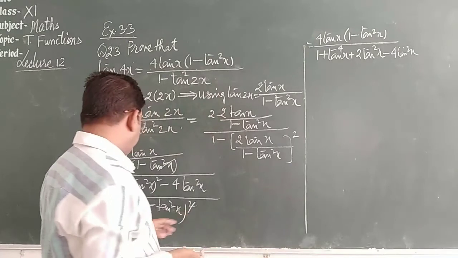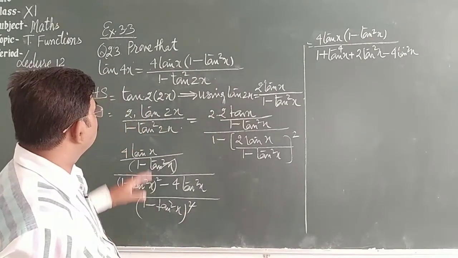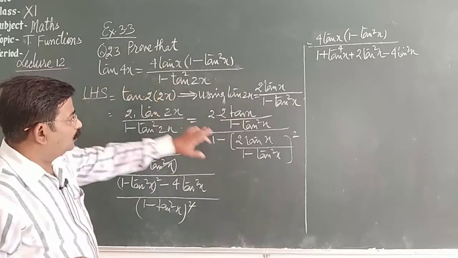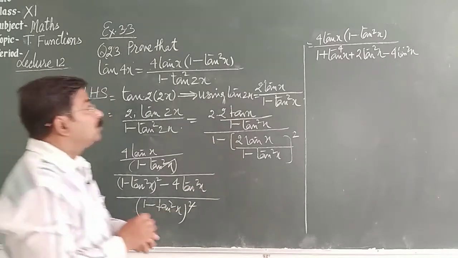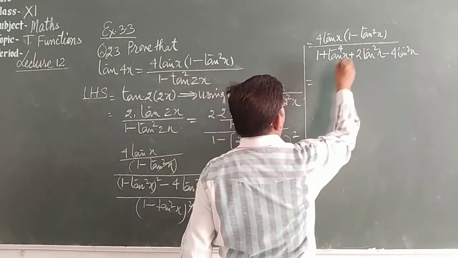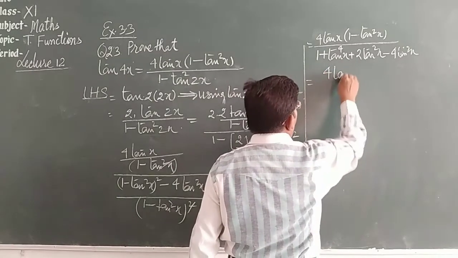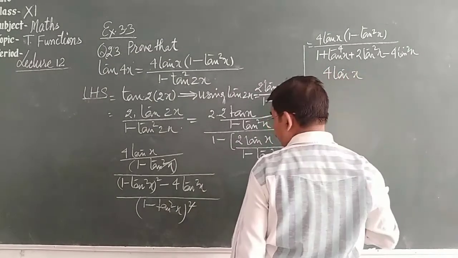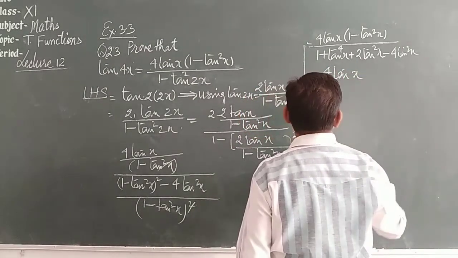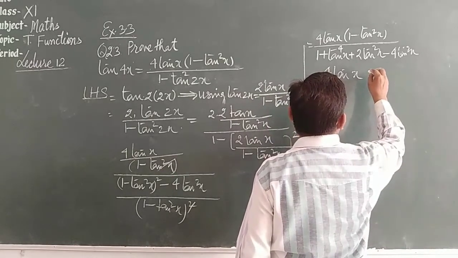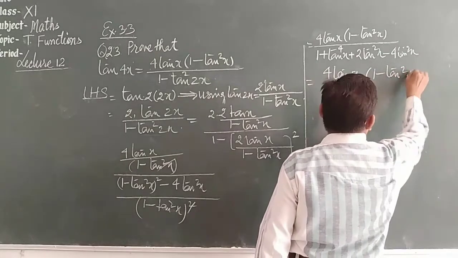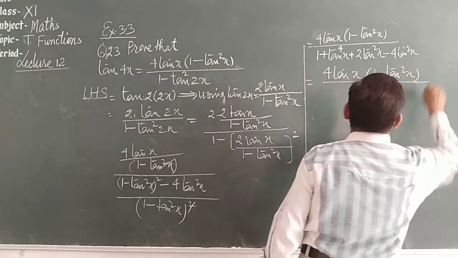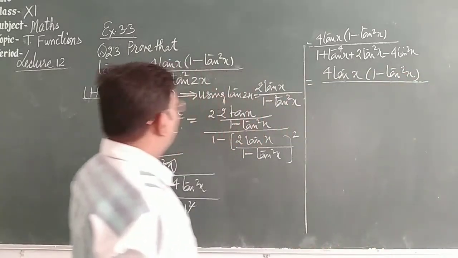So one minus tan square. Here it is. So what we have? See, this is 4 tan x into 1 minus tan square x upon what we have 1.